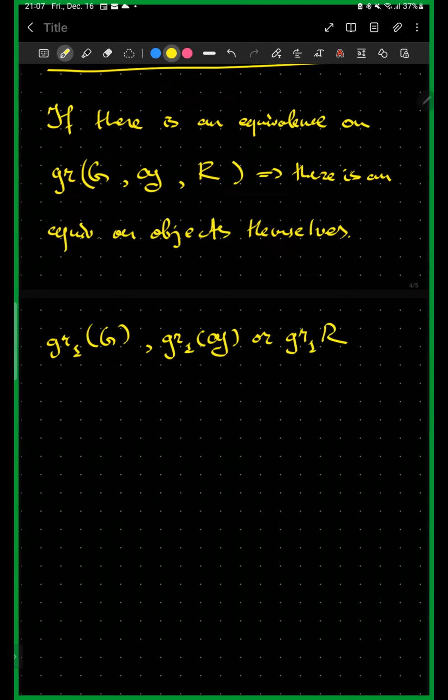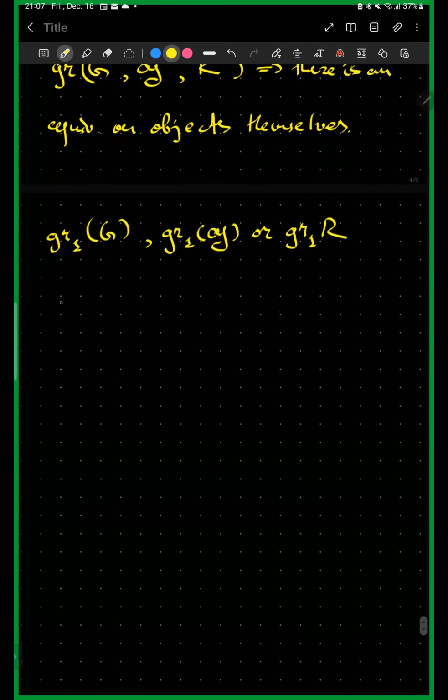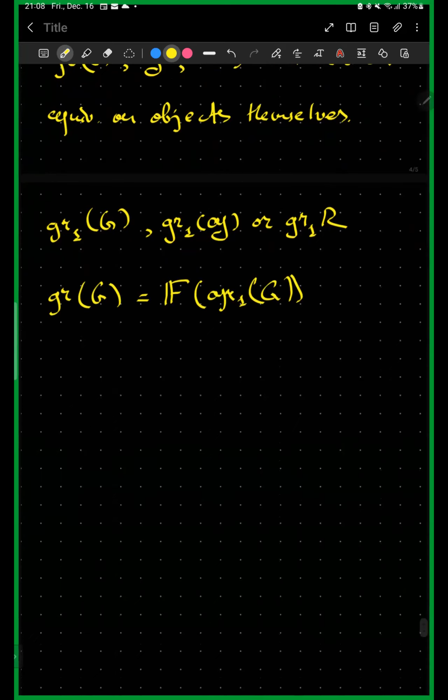Because freeness of the respective object implies that the whole graded object is a free object generated by this first component. So, yes, it would be fair to say that this holds for all of them.